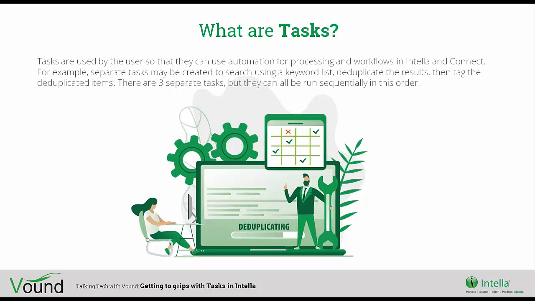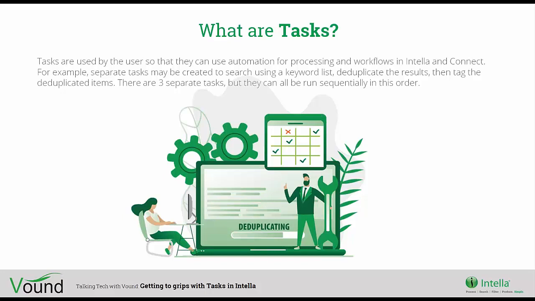Well, tasks are used by the user so that they can automate functions for processing and workflows in Intella and Intella Connect. As an example, a user can set up separate tasks, one to search the case using a keyword list. Then from those results, they could set up a task to deduplicate those respondent items.